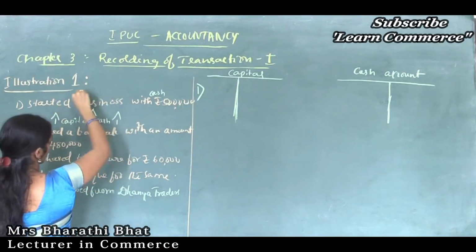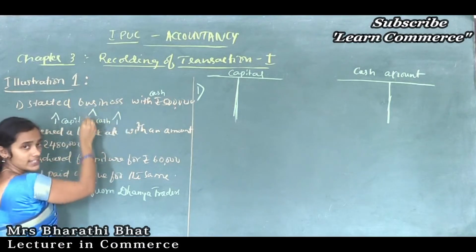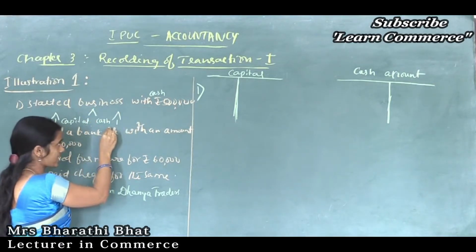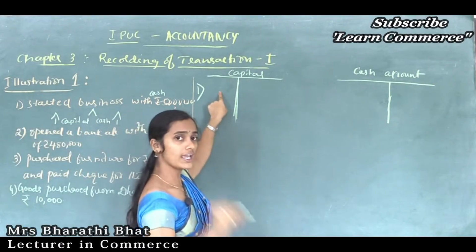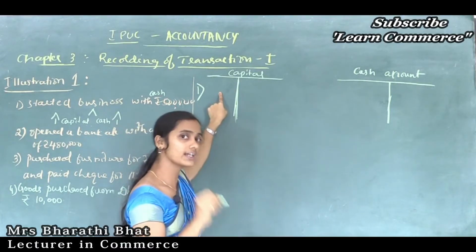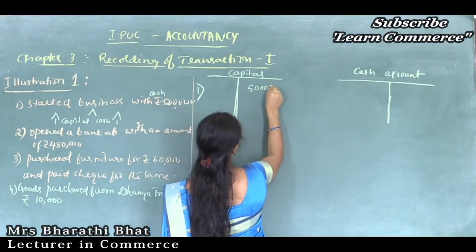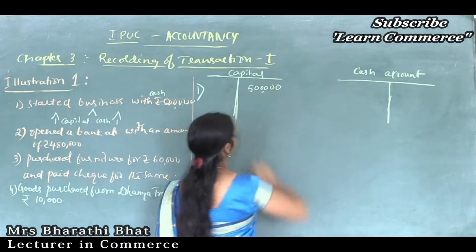What are the two accounts affected here? One is capital, another one is cash. We know the rule: increases in capital is to be credited. So 5 lakh here, increases in capital is to be credited.